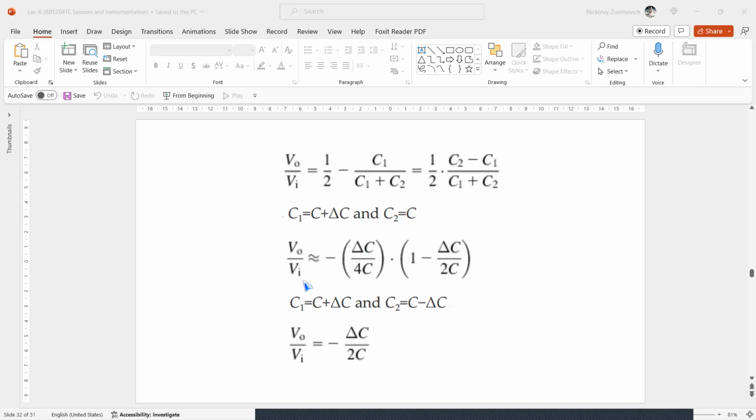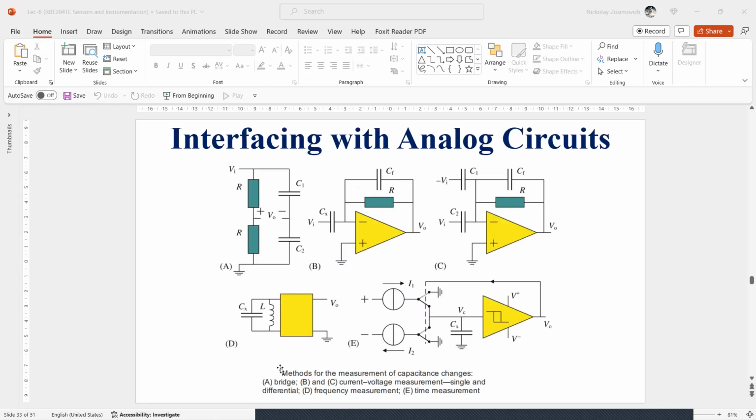The transfer is frequency dependent, but non-linear. In a differential or balanced configuration, C1 equals C plus delta C, and C2 equals C minus delta C. Thus we get the third equation, a very simple expression. Clearly the differential mode yields better linearity and a wider dynamic range.